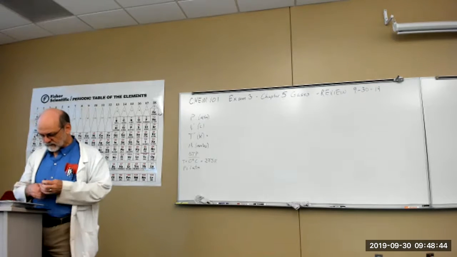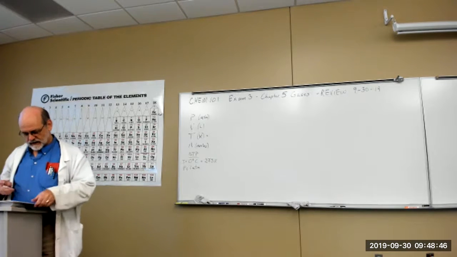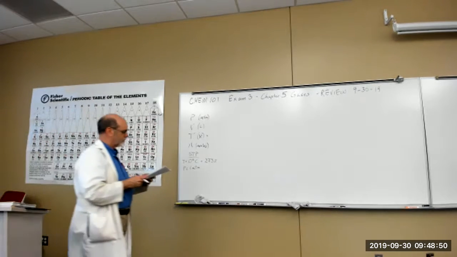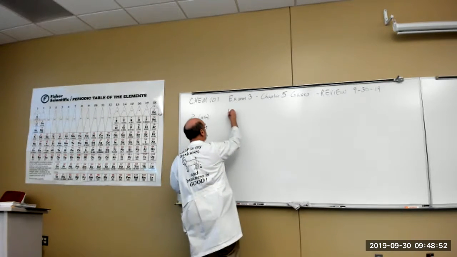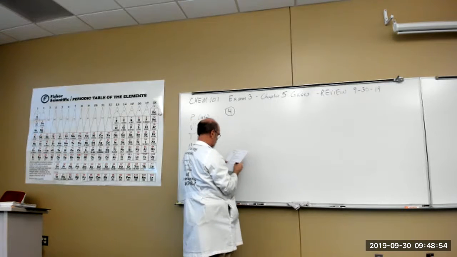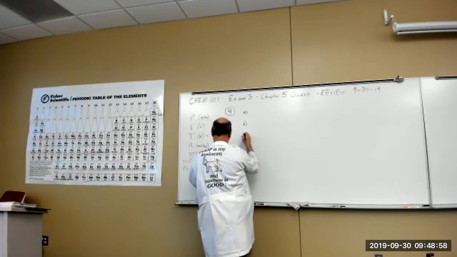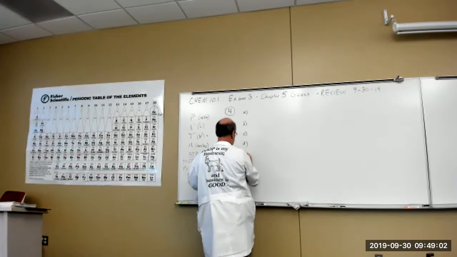Some retrograde motion. Which of the following would represent the greatest pressure? So number 4. And we've got these. They're E. Okay.